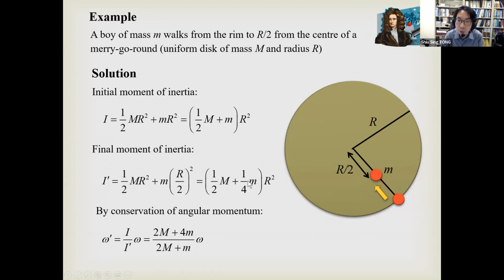When I substitute these two values of I and I prime, I get this final expression. Apparently you can see omega prime is larger than omega, because of the 4 associated with the m here. That makes sense because now the I is smaller, and that means the whole thing will be rotating faster.